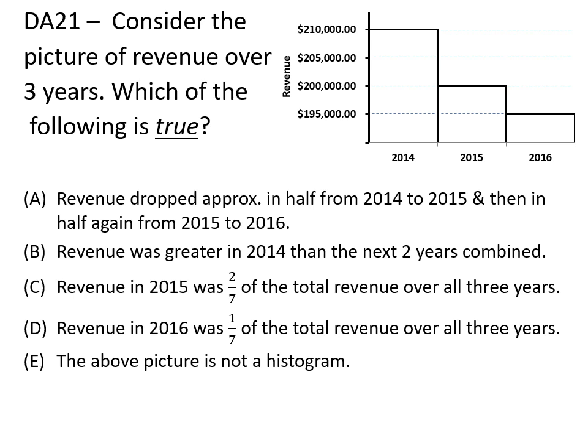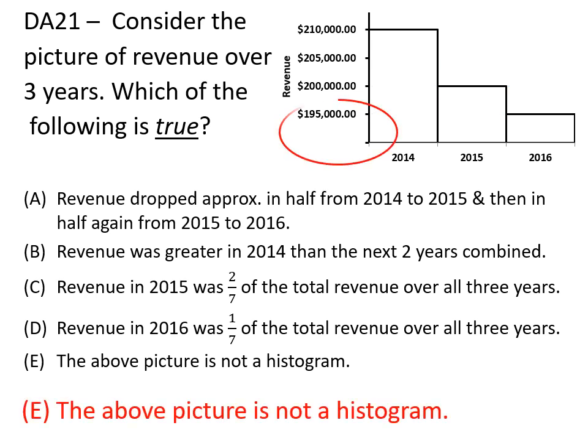DA21. Consider the picture of revenue over 3 years. Which of the following is true? All right, so none of the other statements are true. This is sort of misleading. Remember, this is not really a histogram.